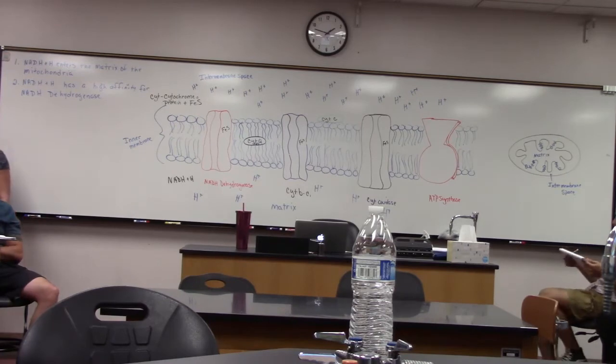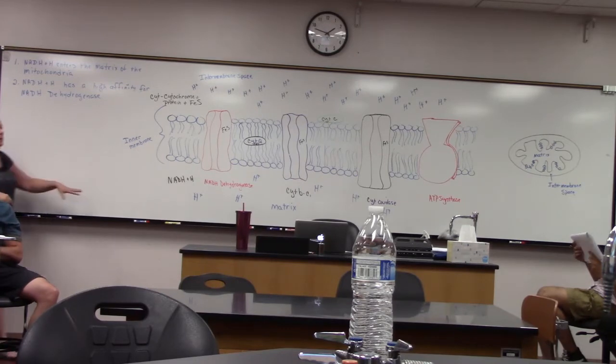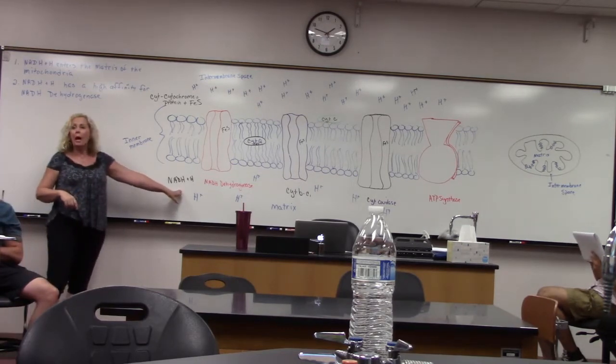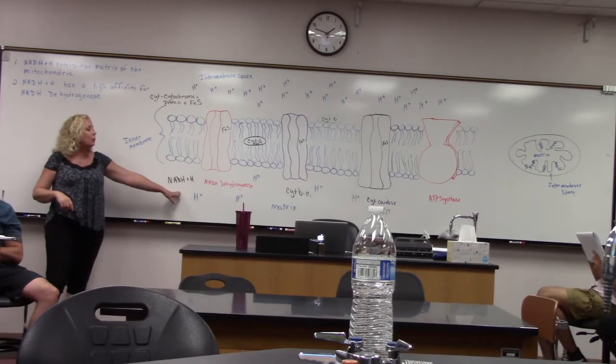Okay, so now we're going to use NAD and the two hydrogens that it was able to pick up from glycolysis, the intermediate step, or the citric acid cycle. And we're bringing that NAD with its 2 hydrogens into the matrix of the mitochondria.